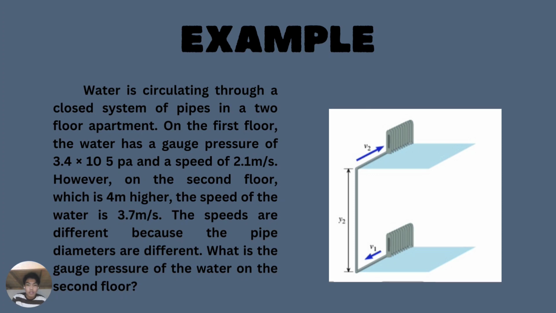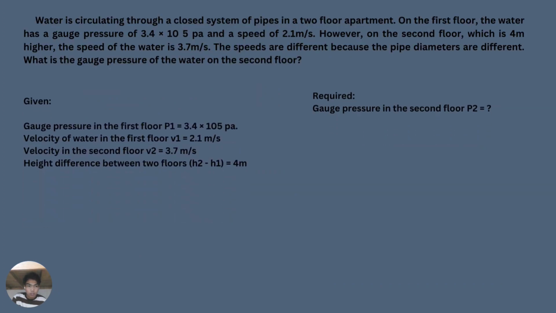So, makikita naman natin dito sa right side of the presentation na meron tayong visual representation ng ating problem. Makikita natin dito sa V1 na part, yun yung first floor, and the V2 is the second floor. Next.